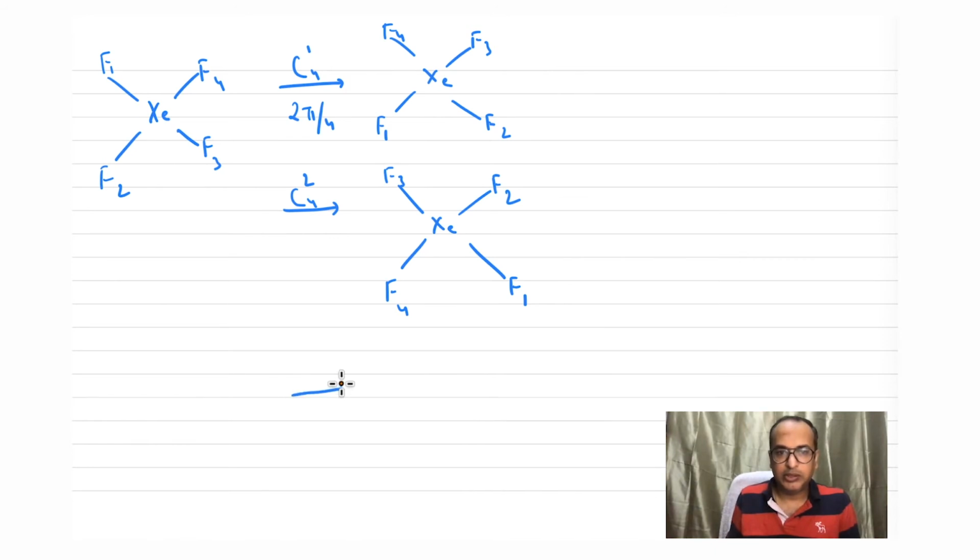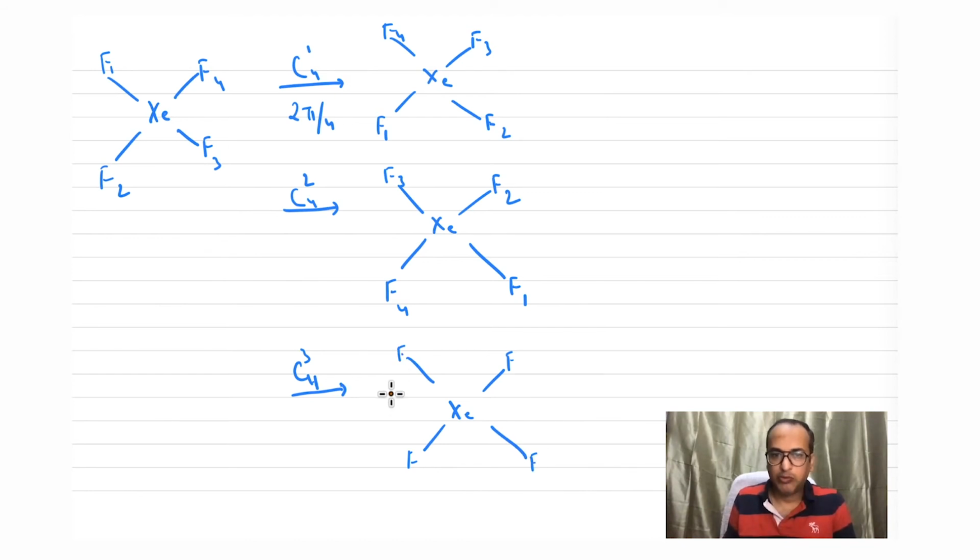So again, let's do the C4 3 operation. So 3 operations means the angle will be 90 into 3. So that is, tell me, this is 270 degrees.